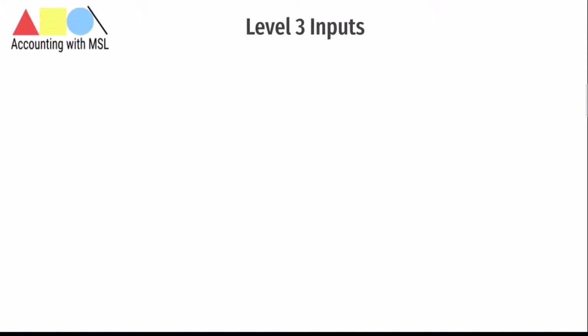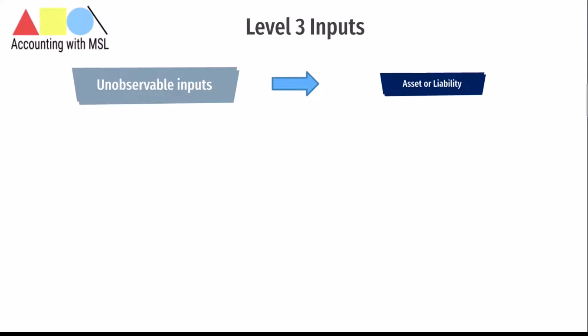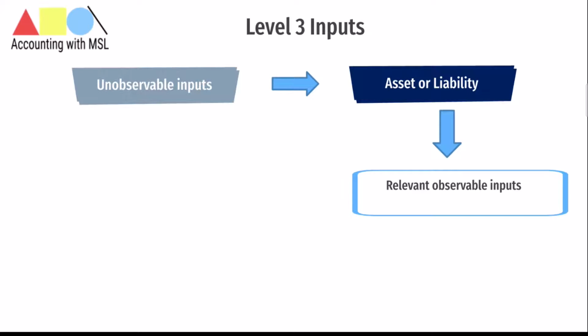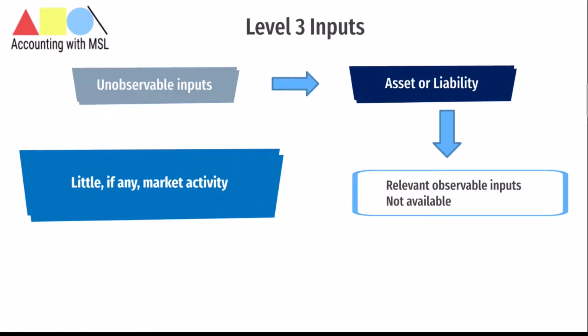Level 3 inputs are unobservable inputs for the asset or liability. And unobservable inputs are used to measure fair value to the extent that the relevant observable inputs are not available, thereby allowing for situations in which there is little, if any, market activity for the asset or liability at the measurement date.